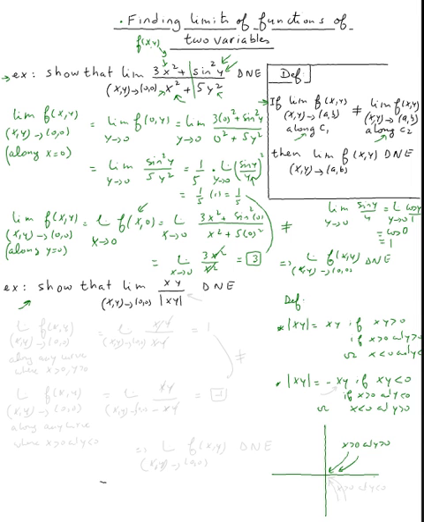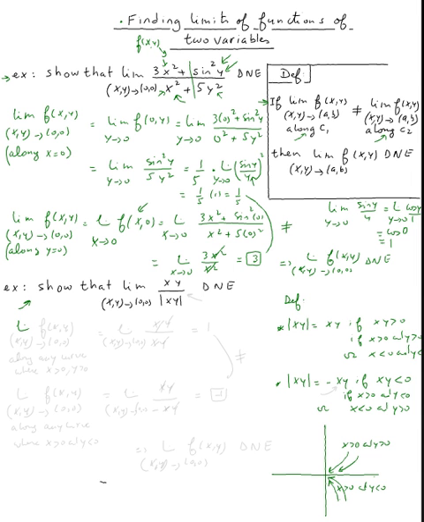And then another one where, for example, x is positive and y is negative. So here's x positive and y negative. So I've picked paths approaching the point 0,0. Let's see what's going to happen.